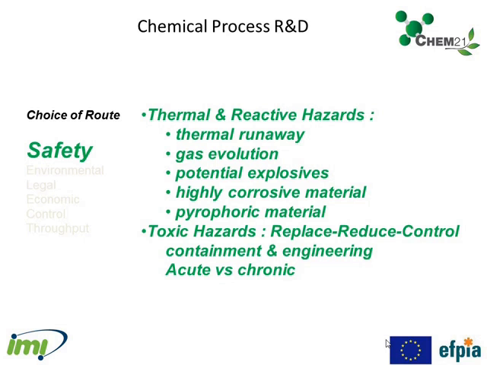If there is no real alternative, we try to reduce the amount, and after that we try to control that, on the one hand by containment and by engineering the process and the equipment such that it's in a closed environment, and if really needed, also protecting the workers who have to handle these reagents on large scale.